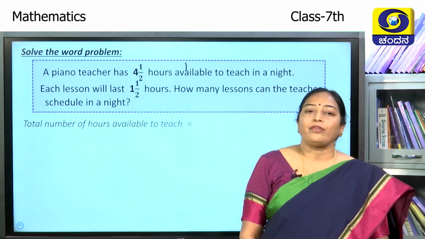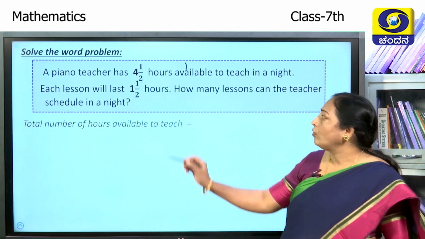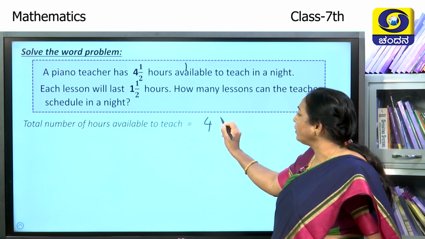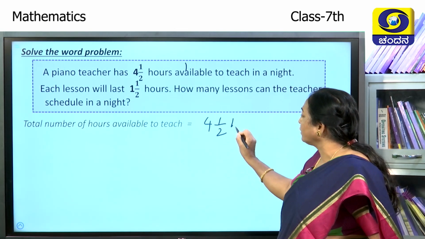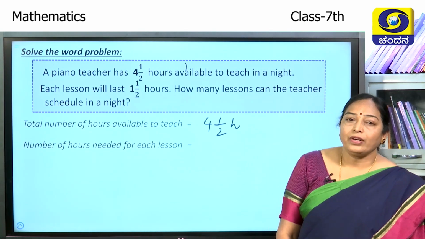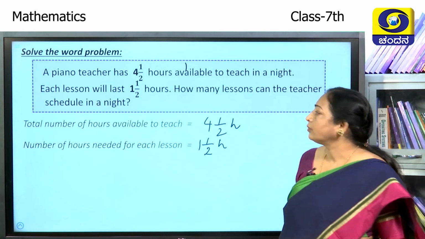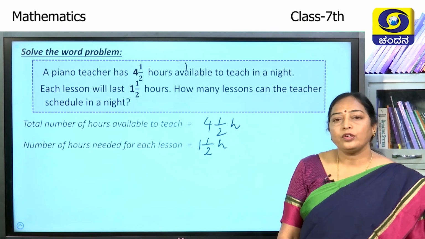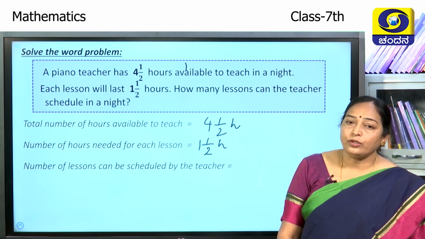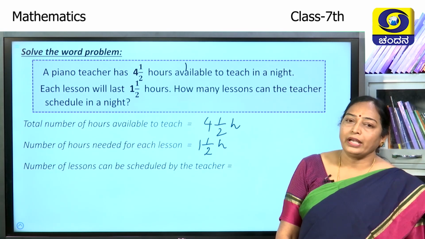Total number of hours available to teach for the teacher is 4.5 hours, and number of hours needed for each lesson is 1.5 hours. What we have to find? Number of lessons that can be scheduled by the teacher. We should divide 4.5 by 1.5.